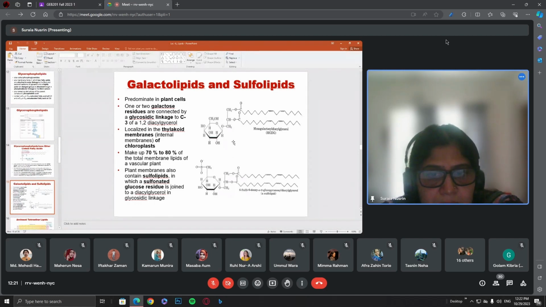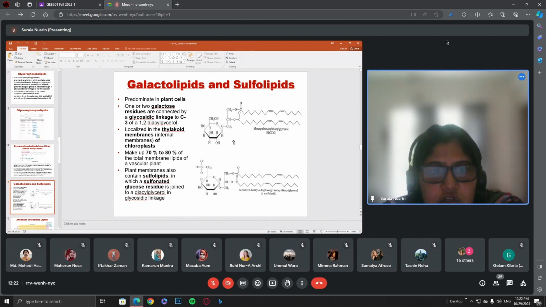Instead, the sugar is directly linked to the glycerol by glycosidic bond, because to form a glycosidic bond, as we learned, two hydroxyl groups can interact. So glycerol's carbon number 3 has the hydroxyl group, and the sugar also has a hydroxyl group. These two hydroxyl groups interact and are linked by glycosidic bond and give rise to the lipid called galactolipid.